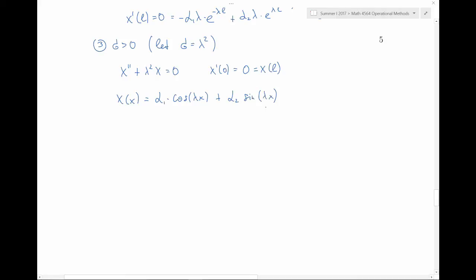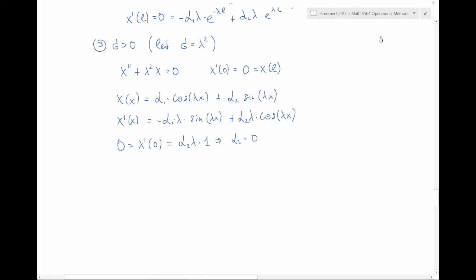Plugging in the boundary condition requires us to evaluate the derivative, and the derivative is simply minus alpha 1 lambda times sine lambda x plus alpha 2 lambda times cosine lambda x. Plugging in x equals 0 will give us 0 should be X prime of 0, and that is alpha 2 lambda times cosine of 0, which is 1, should be 0, which leads to alpha 2 being 0.